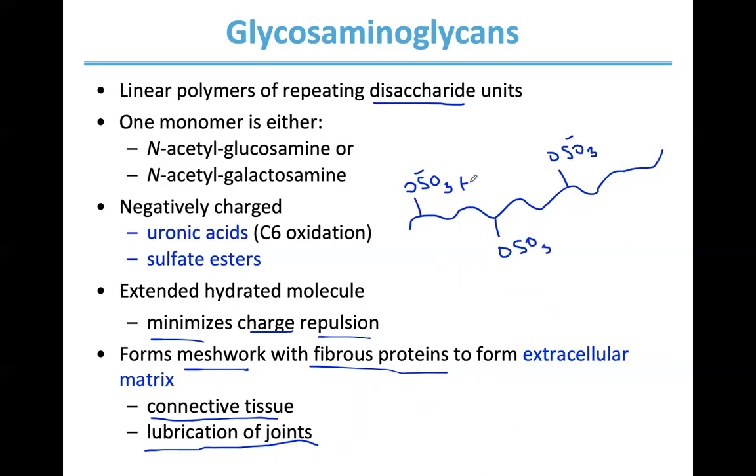So you will have lots of molecules of water in between these charges. And remember what water does? Water reduces the charge because water has such a high dielectric constant. Remember the dielectric constant, right? This is something that minimizes the interaction between charges. So the two negative charges will not repel each other so much if there is water in between them.